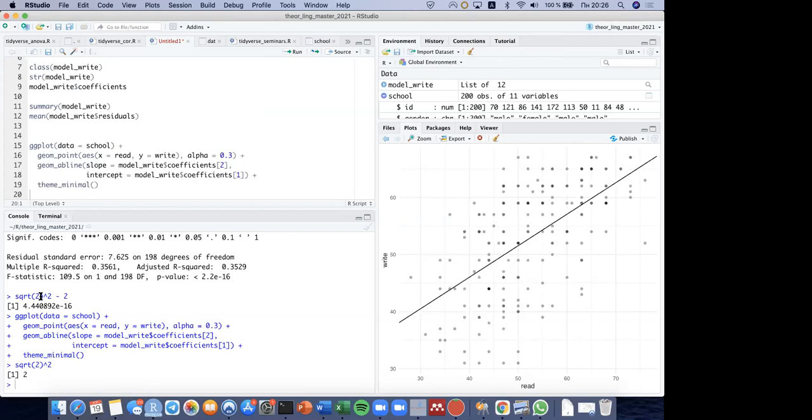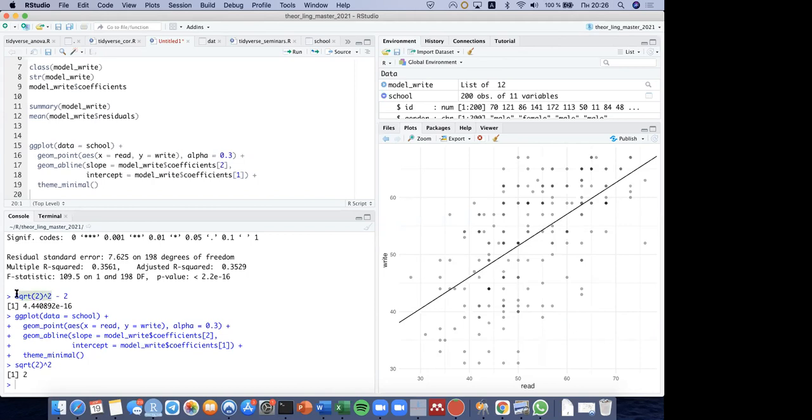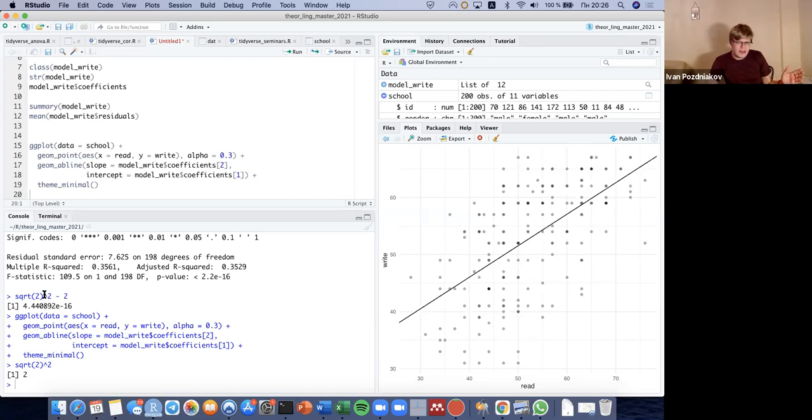This artifact comes from conducting the operation on values with different precision, which are converted from a binary system to our usual base-10 system, and it adds some artifact when you subtract one number from another, so you get a very small difference.